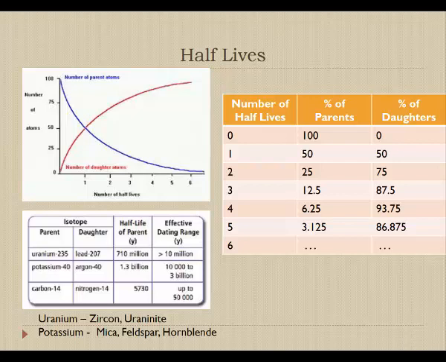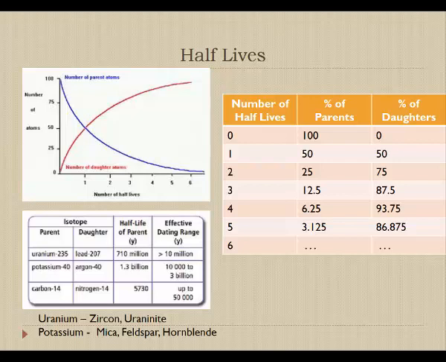All right, another way that we can think about this table is that we can try to understand the ratio between parents and daughters in a particular material. So for instance, if we had 3 times as many daughters of a particular substance, like argon 40, compared to potassium 40, then that would tell us that there was a particular ratio of daughters to parents, and we could try to match that ratio up with a particular point along the timeline that would tell us how many half-lives have elapsed.